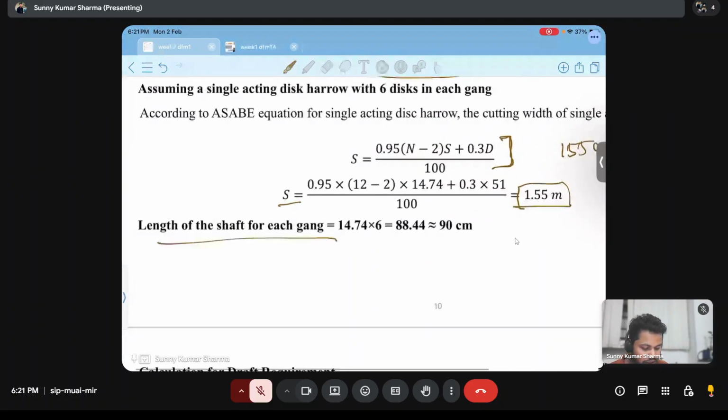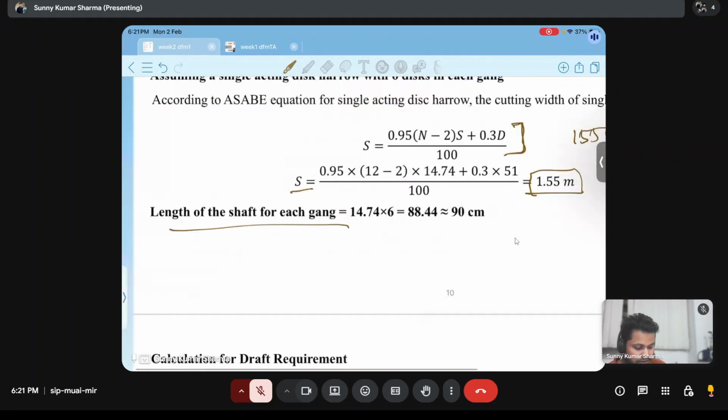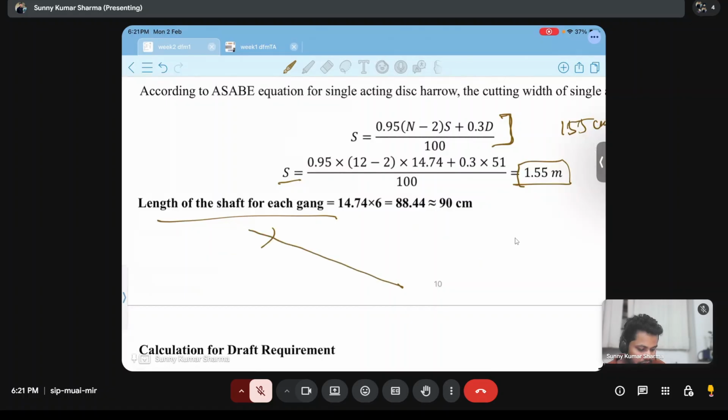Now length of shaft, as I told you, is for each gang. There are 6 discs. So what will be the length of shaft? 14.74 was spacing, that into 6 is equal to 88.44. Approximately 90 centimeter is the length of one shaft.